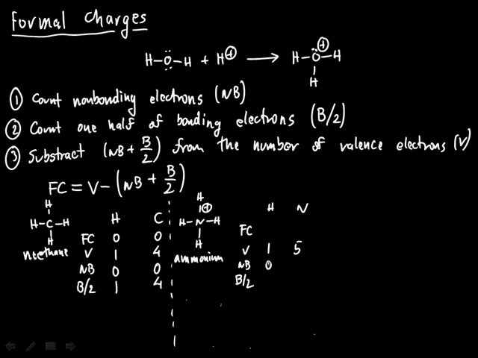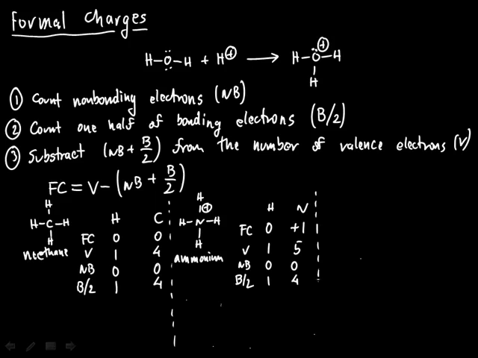Number here is 0 and 0 here, 1 and 4. And so what we get for hydrogen is 0, but for nitrogen we get +1, which means, as I drew it out here, that nitrogen does have a formal positive charge on it.